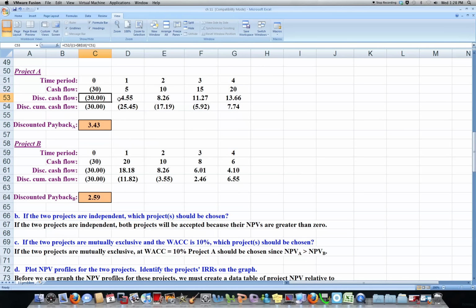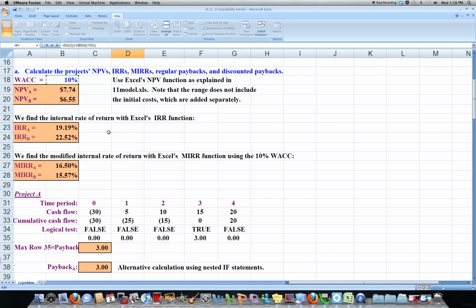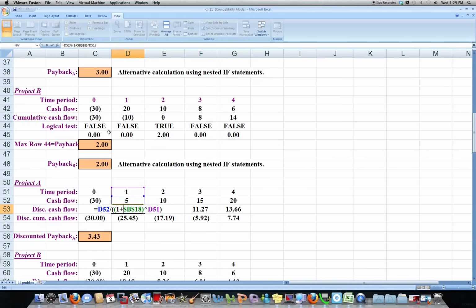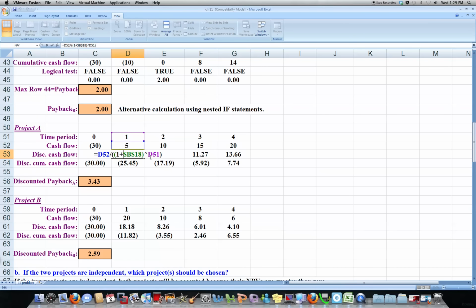The formula is D52, which is 5, divided by 1 plus B18, our weighted average cost of capital, all to the power of 1.